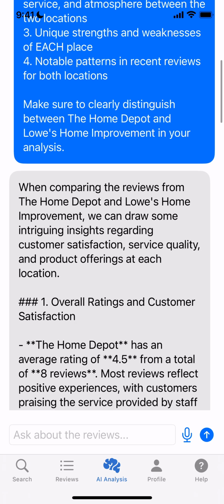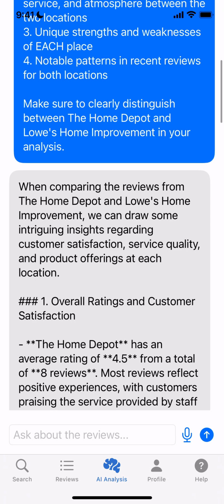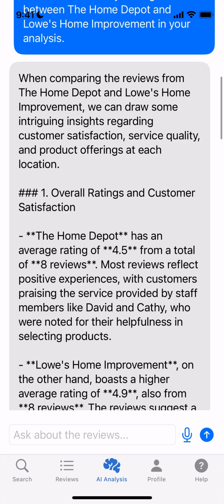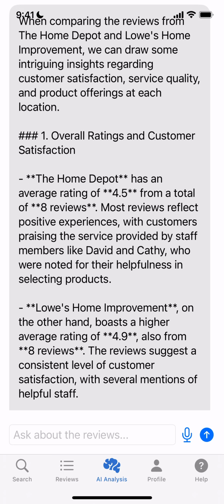And so we have, when comparing the reviews from the Home Depot and Lowe's Home Improvement, we can draw some intriguing insights regarding customer satisfaction, service quality, and product offerings at each location. Overall ratings and customer satisfaction, the Home Depot has an average rating of 4.5 from a total of 8 reviews.